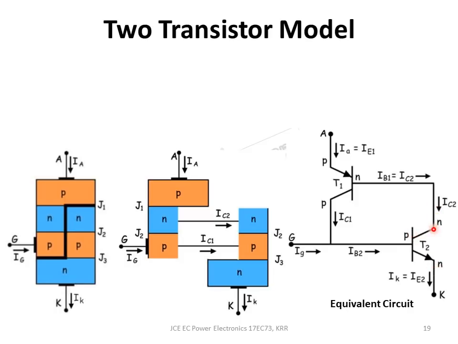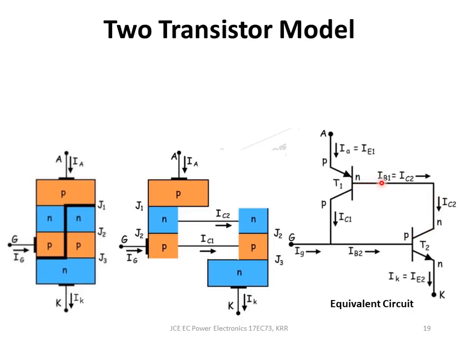So this is the collector, base and emitter. Since it is called T2, the collector current will be IC2, IB2 the base current and IE2 the emitter current. So what we see here is the base of this transistor is becoming the collector of this transistor.